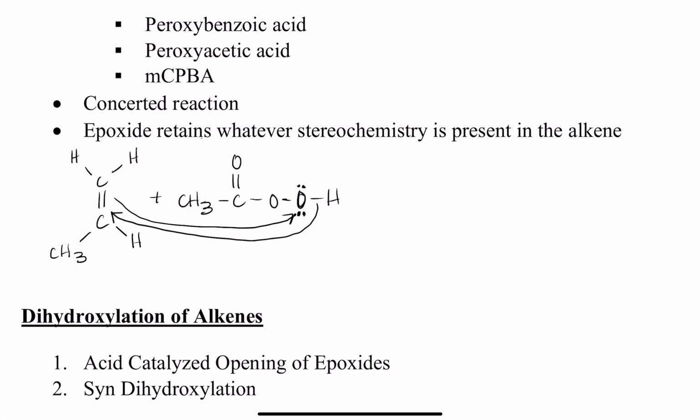And so now the bond between my two oxygens right here, this is now going to form a new carbonyl group. And then the bond between my carbonyl group that currently exists is going to create the new oxygen and hydrogen linkage. So whenever we do that, I've generated my epoxide.